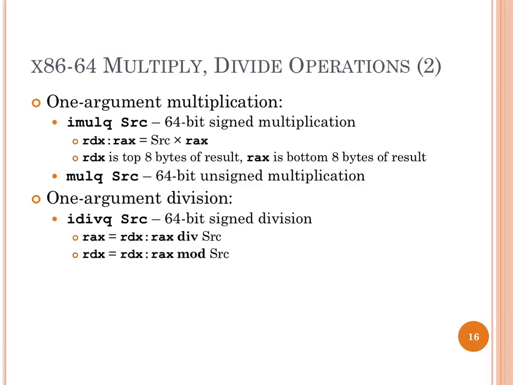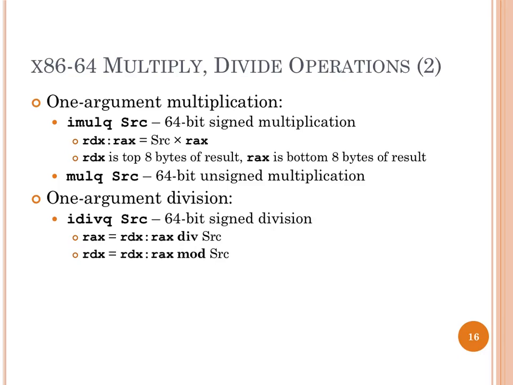Now you also have division. Division is basically always one argument. Okay? There's a number of implicit arguments that you have to set up before invoking the divide operation. So notice IDiv, and you can ignore the Q because that's just the size suffix, but IDiv Q if it's going to be a 64-bit register. Source.